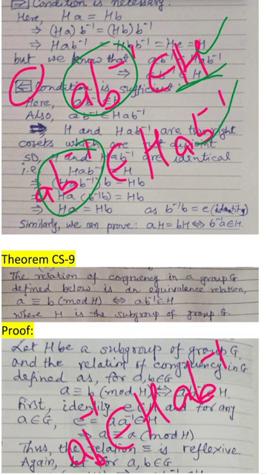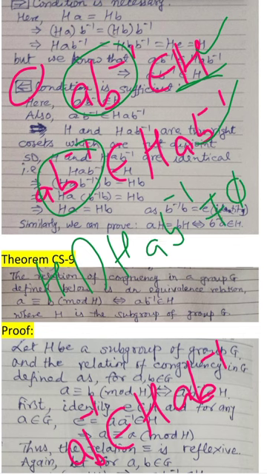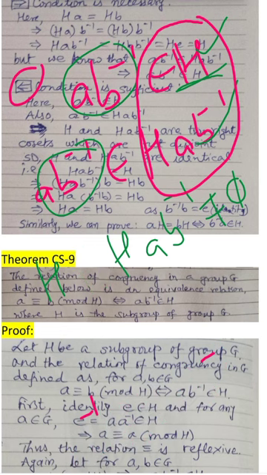It means the intersection of H and HAB inverse is not equal to the empty set. Means H and HAB inverse are not disjoint, and if they are not disjoint, then they are identical.